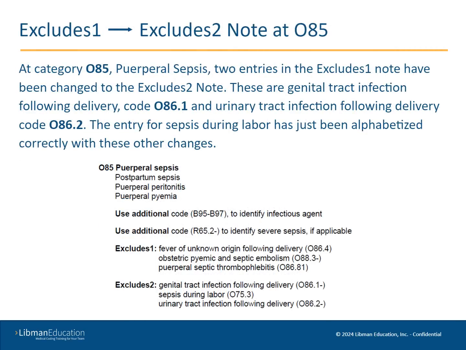At category O85, puerperal sepsis, 2 entries in the Excludes 1 note have been changed to the Excludes 2 note. These are genital tract infection following delivery, code O86.1, and urinary tract infection following delivery, code O86.2. The entry for sepsis during labor has just been alphabetized correctly with these other changes added in.